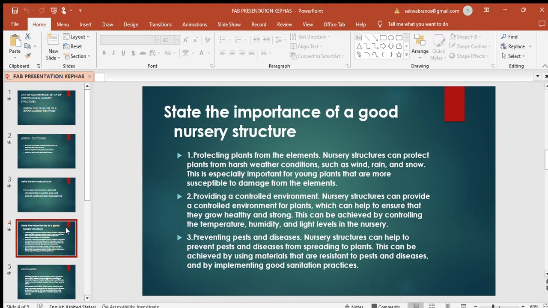Number three, it prevents pests and diseases. In the nursery structures, there is a controlled environment, and therefore it is very unconducive to the spread of pests and growth of maybe the diseases in the farm.